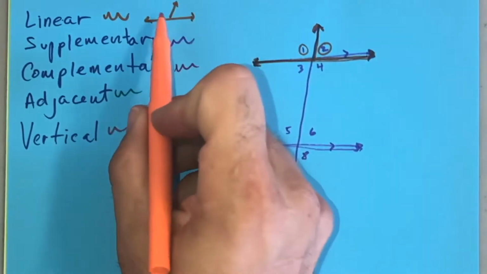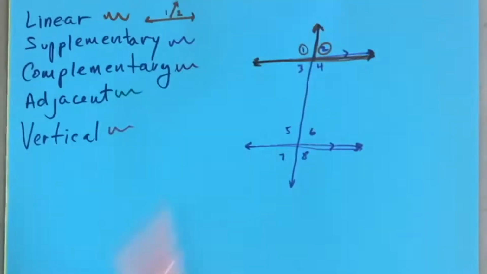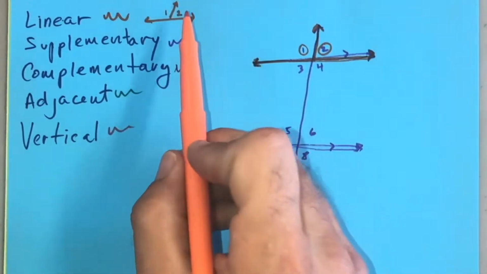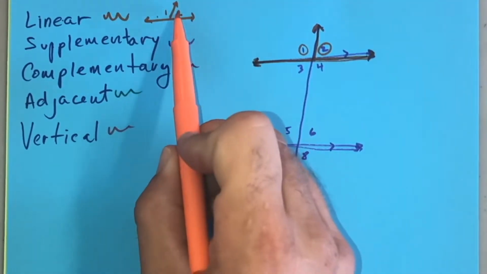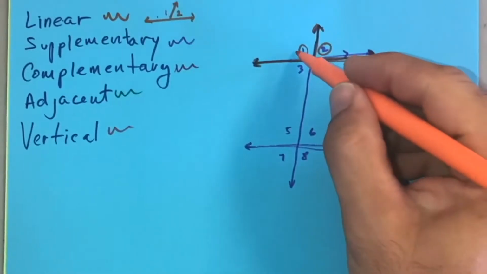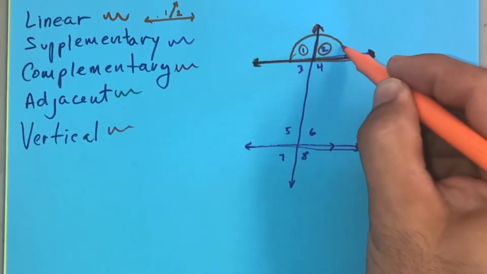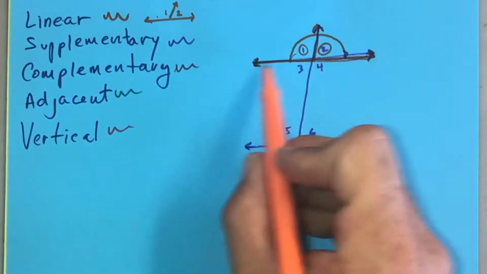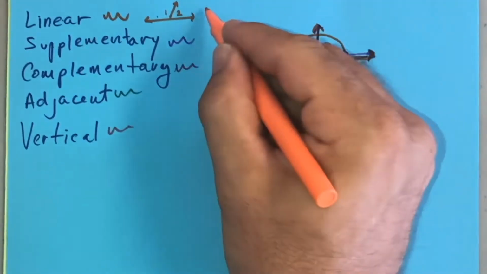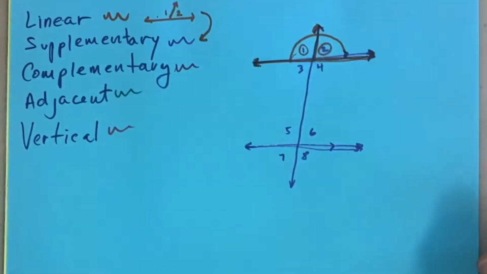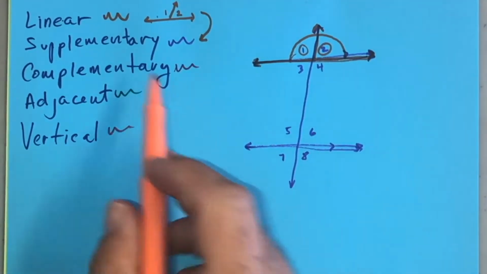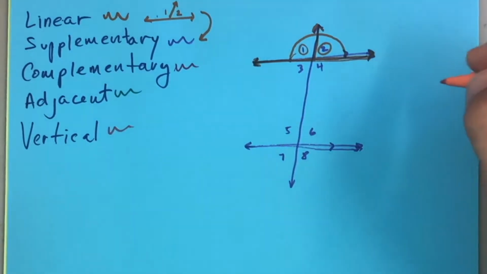We know that a straight angle is 180 degrees, so you could also say it's supplementary. Remember, we've talked about complementary, which I'm going to save for the following page.